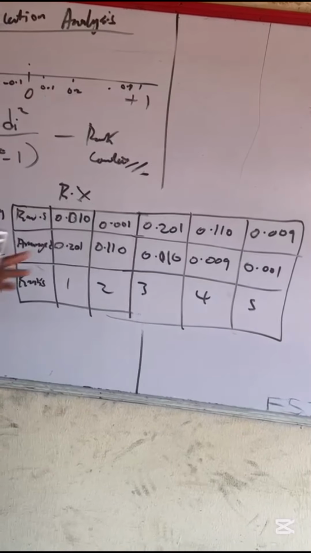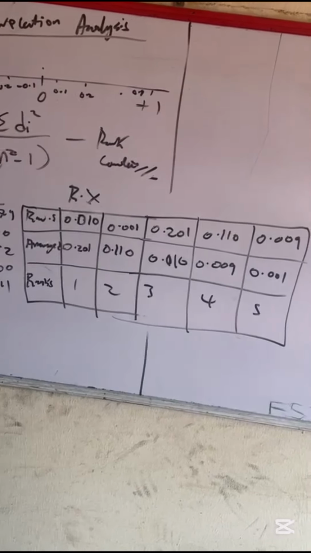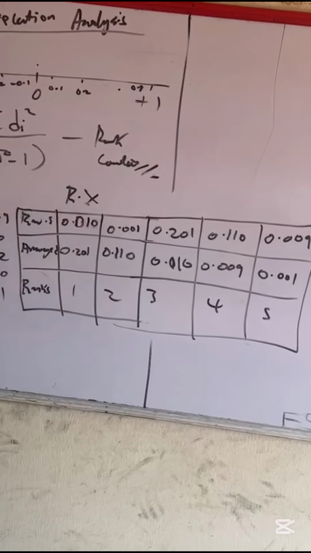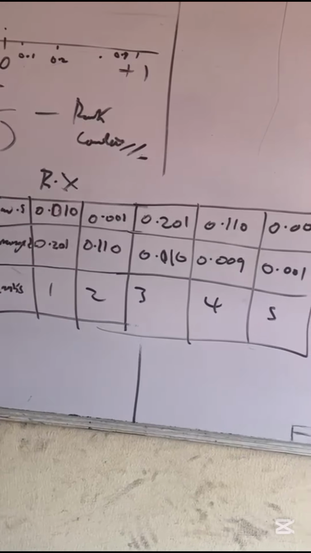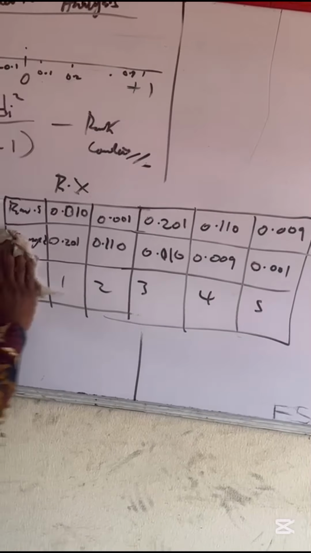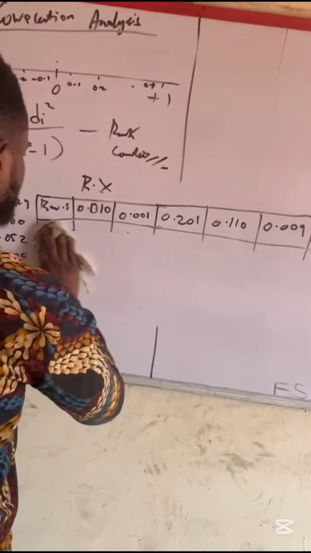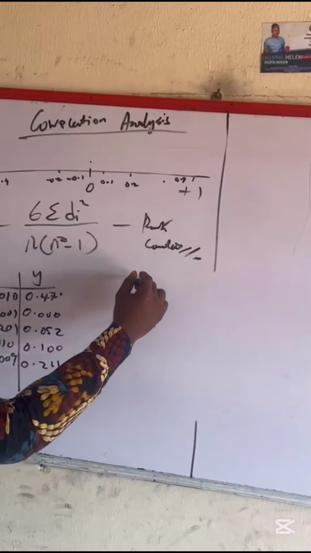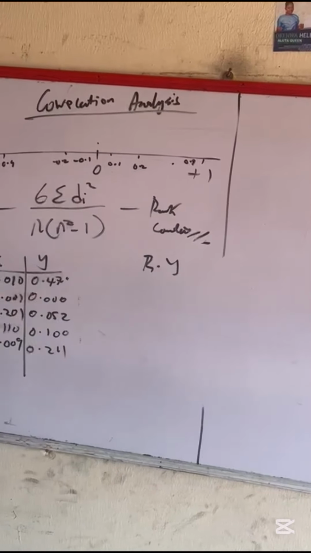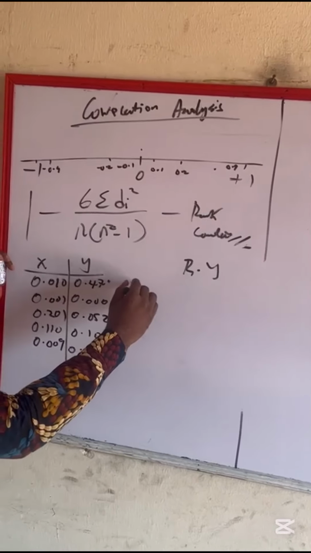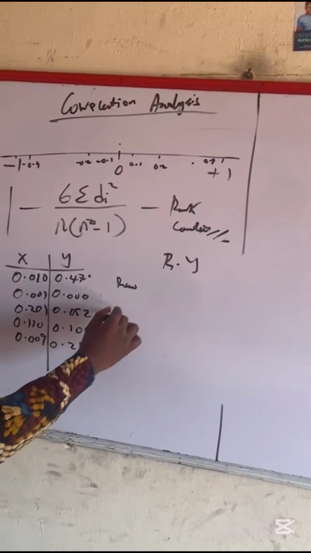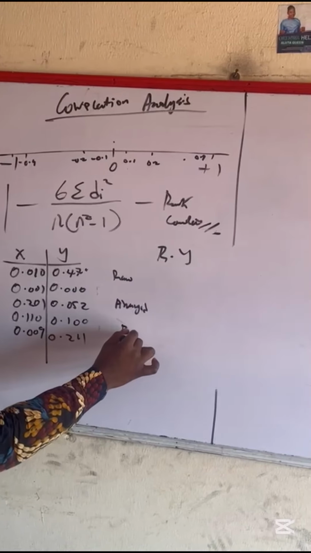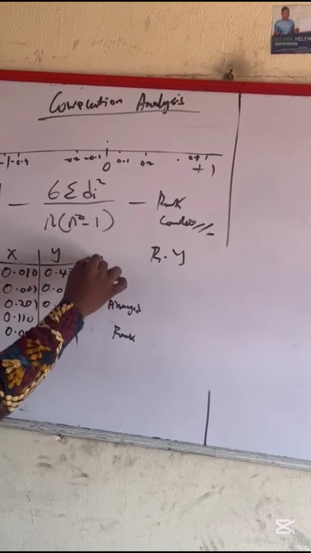So take a moment and look at this before I clean, because I'm going to rank Y in this same place. Okay? Let me clean it. Okay, let us look at the rank of Y. We have the raw score, we have the arranged, and we have the rank.